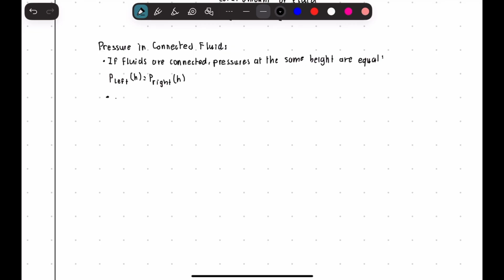This is used in U-tubes, barometers, and hydraulic systems.